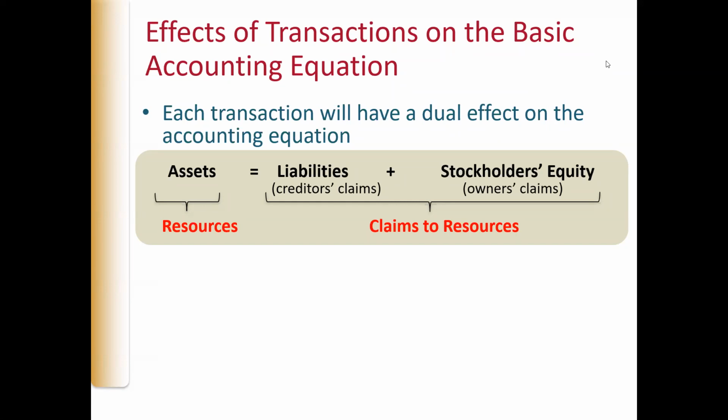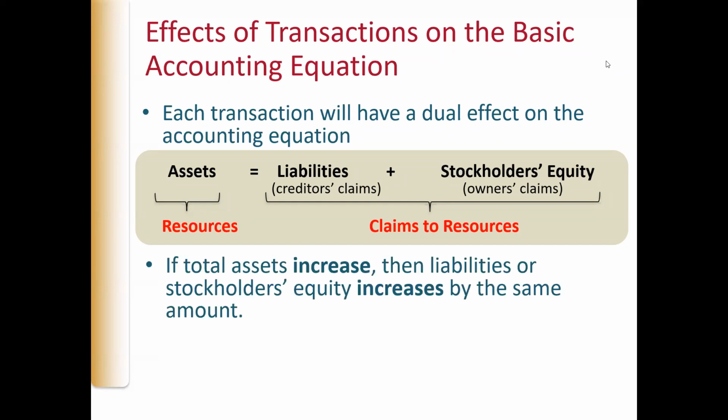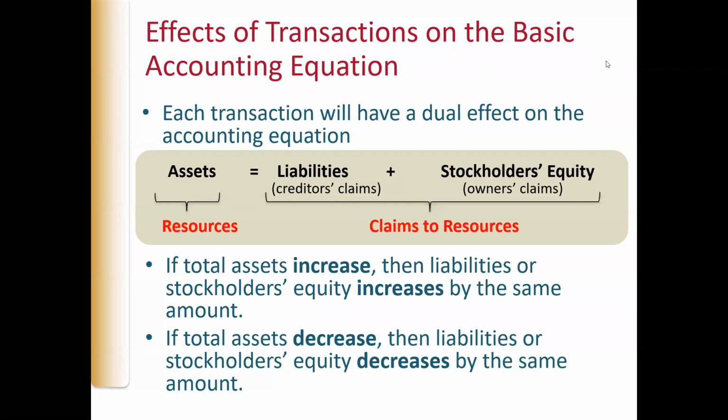So if one side of the equation increases, then the other side of the equation will also have to increase. So if assets go up, then either liabilities or stockholders' equity is also going to have to go up by the same amount. Or if total assets decrease, then liabilities and stockholders' equity will also have to decrease.